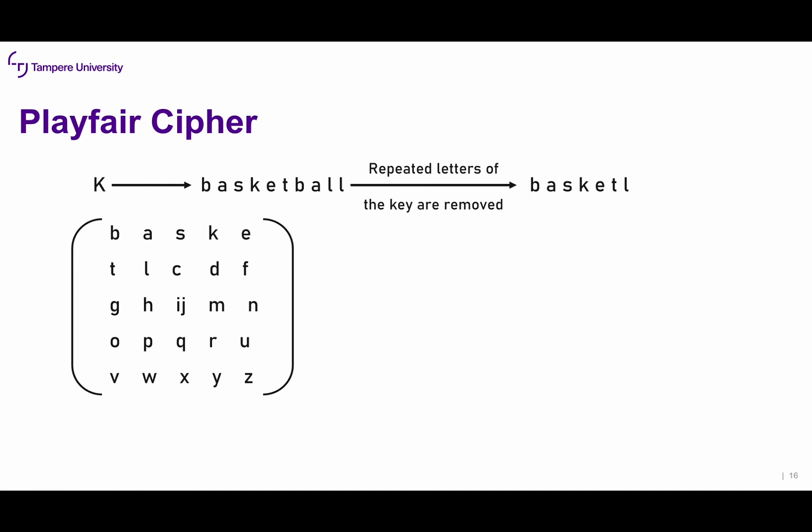Now, assume that we wish to encrypt the plaintext message, the Iceman will arrive at midnight. What we need to do is first group the letters into pairs, into adjacent pairs. Now, if any of these pairs has the same two letters, we insert an X between them and we regroup them.